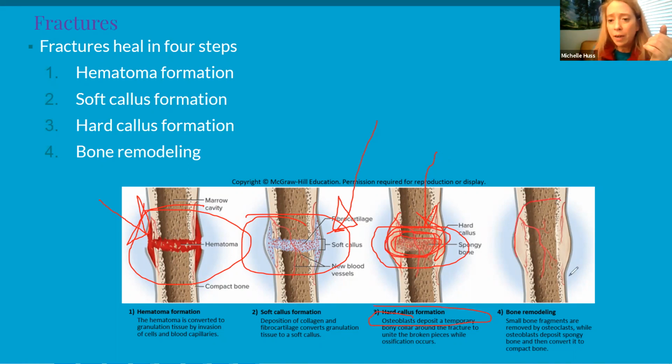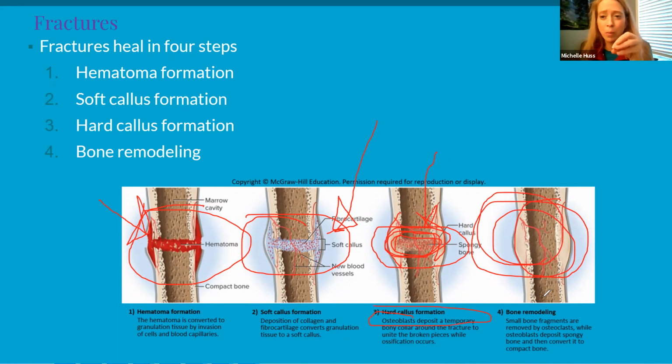And then it'll take 1 year or more for the next year, we're going to bone remodel, and the osteoblasts will reorganize along the stress lines. And you will have a brand new bone. And is it stronger than it was before? Probably. Yeah, it probably is. So it'll be nice and strong. You can see, sometimes you can see just a little bit of bulging from extra bone.